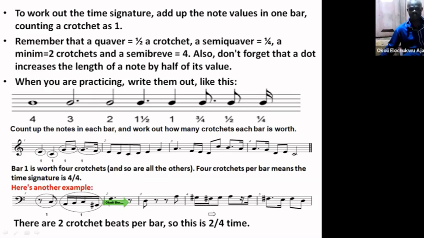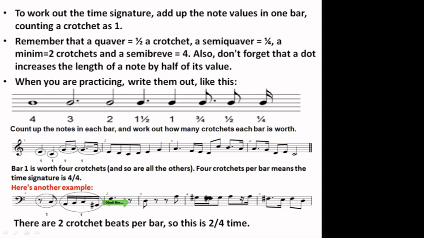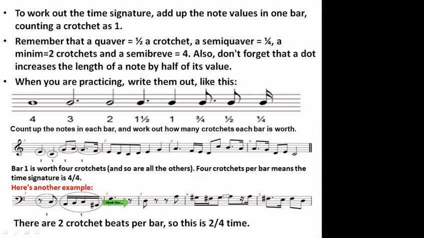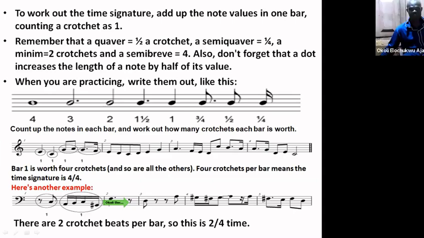Now let's take it further. This is a semiquaver plus a semiquaver. That gives you what? A quaver. Plus a quaver gives you what? 1 crotchet beat. Plus a quaver beat makes it what? 1.5 crotchet beats.